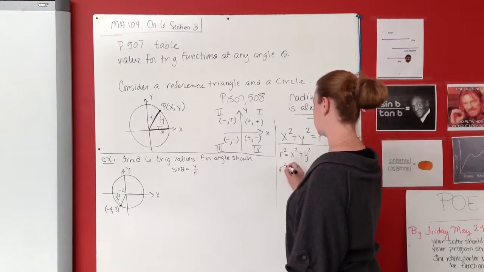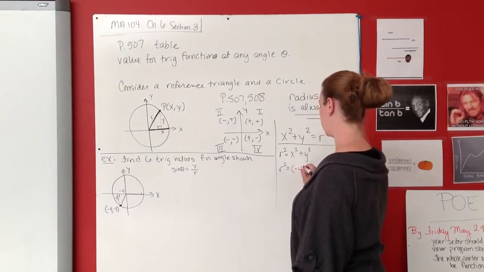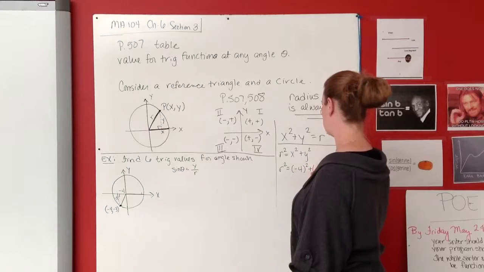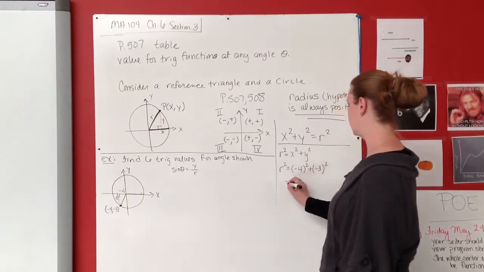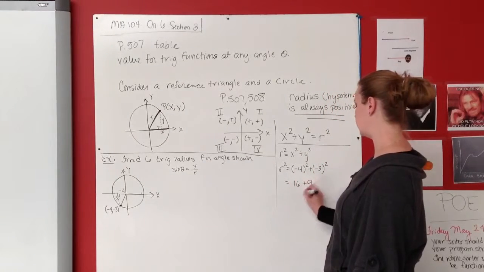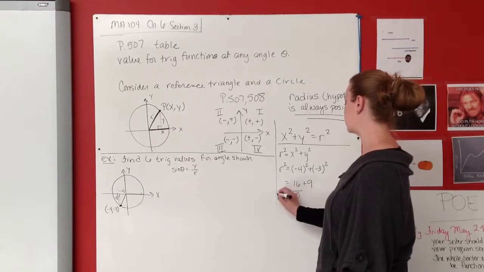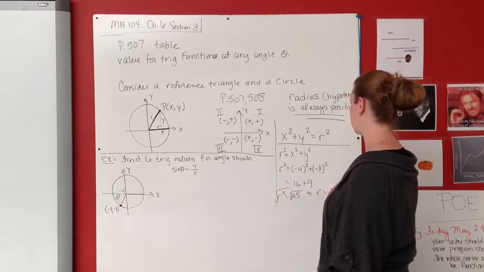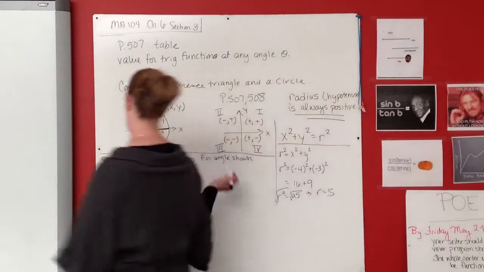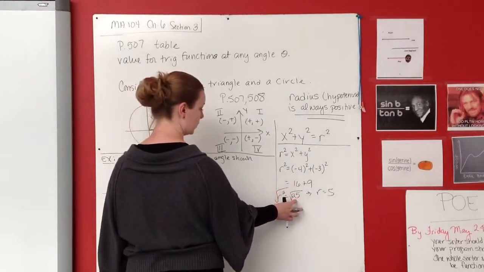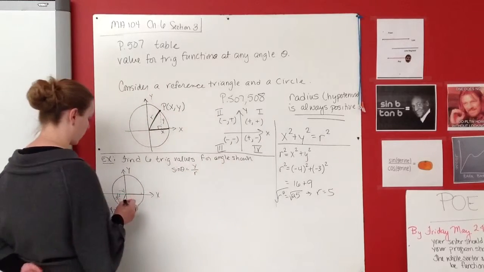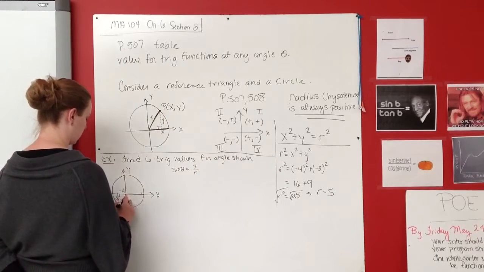In this case, our radius squared is (-4) squared plus (-3) squared, 16 plus 9, 25. Of course, you take the square root of both sides, so the radius is actually 5. Again, it's positive because we had to take the square root.